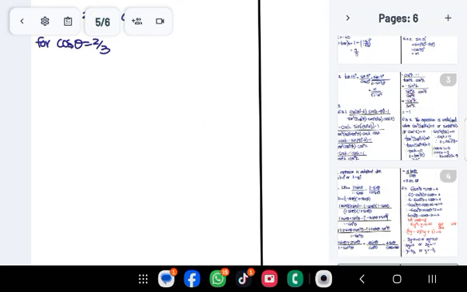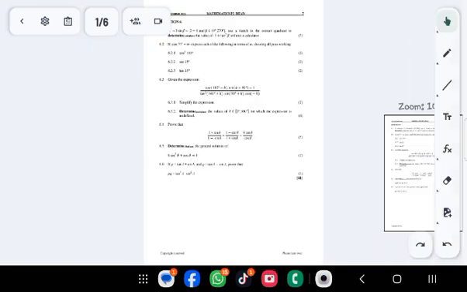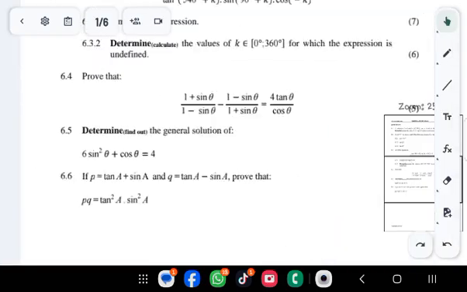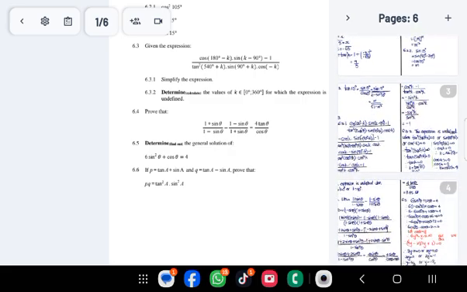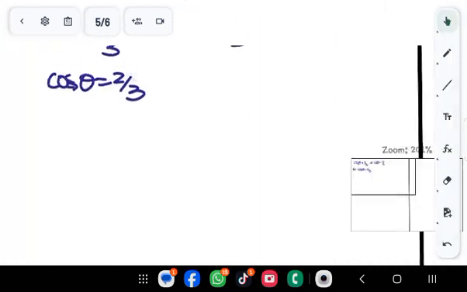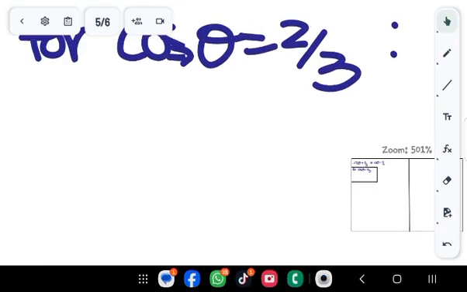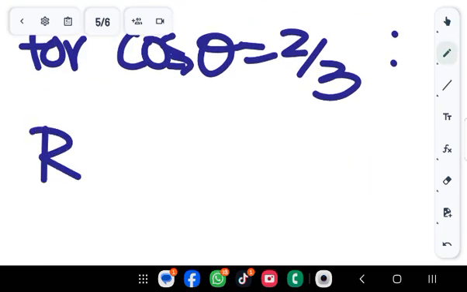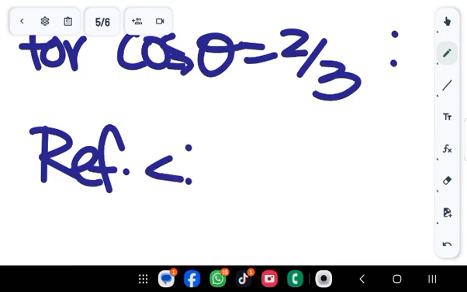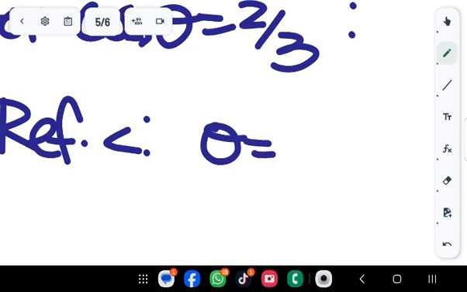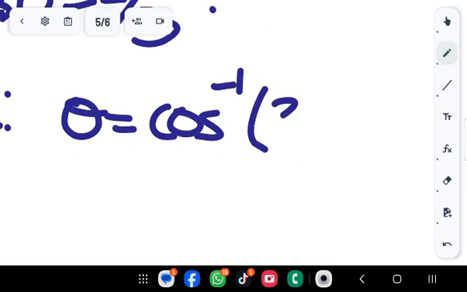Let's go back to the question to verify. Is this a general solution? It's a general solution, no problem. Now let's start with the reference angle. Step number 1, the reference angle. To find the reference angle, you go theta equals cos to the minus 1 of 2 over 3.